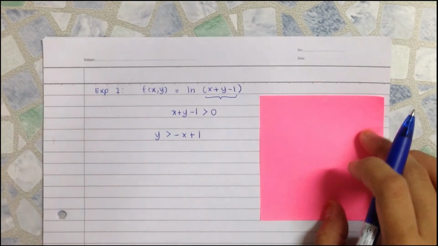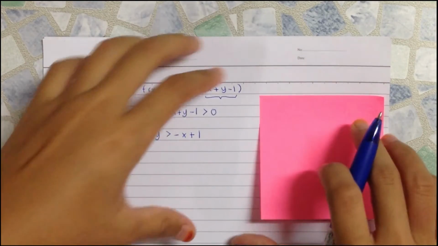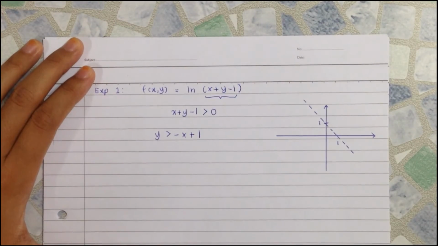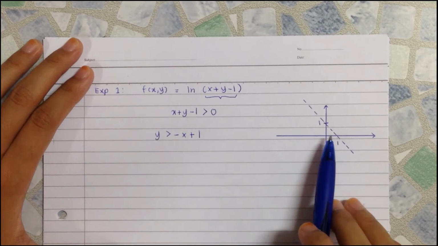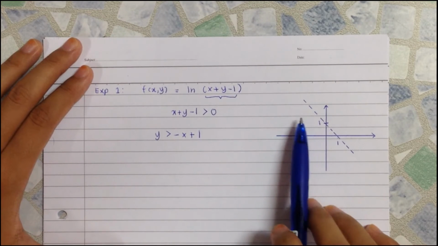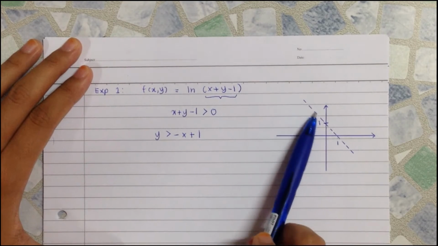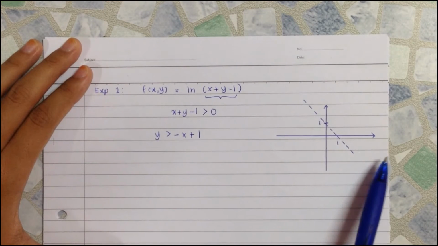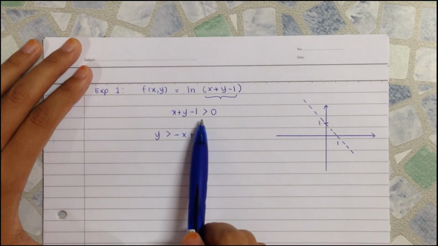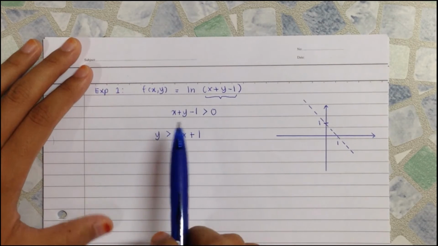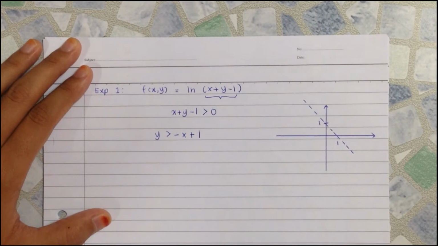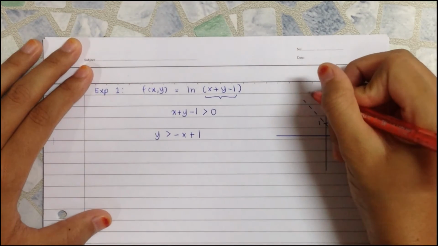So if we sketch the graph, we will get this graph. Well, negative x plus 1 is a line that goes through the y-intercept of 1 and has a slope of negative 1, and since y has to be strictly greater than that, we use a little dashed line, and the domain would be the set of x and y coordinates above that line, which is this.